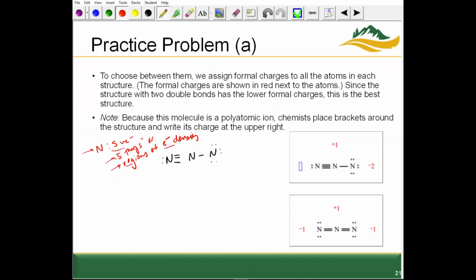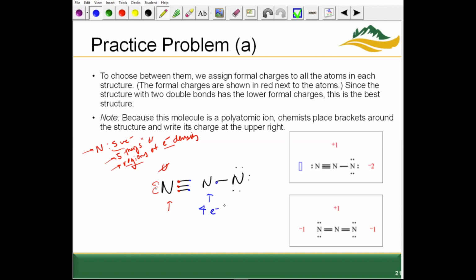electron density. This nitrogen in the middle has 1, 2, 3, 4, 5 things around it, 5 regions of electron density. This nitrogen's formal charge is 0. This nitrogen has 1, 2, 3, 4 regions of electron density around it.